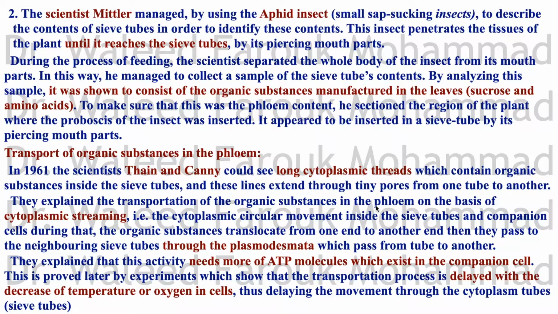They explain the transportation of the organic substances in the phloem on the basis of something called cytoplasmic streaming. It means circular cytoplasmic movement inside the sieve tubes and companion cells. During that, the organic substances are translocated between one another. Okay? They explained also that this activity needs ATP molecules, so it consumes energy.